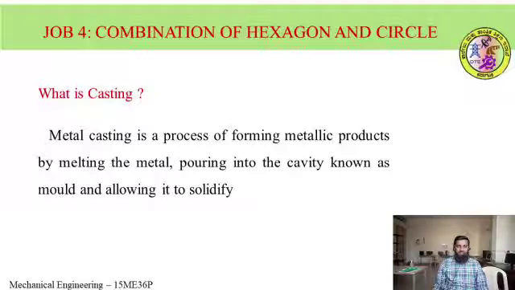The mold is a shape of requirement, and that molten metal is solidified after pouring it into the mold cavity. Metal casting is nothing but a process of forming the metallic products by melting the metal into the mold cavity and allowing it to solidify.